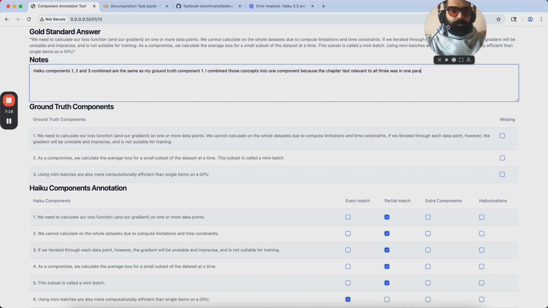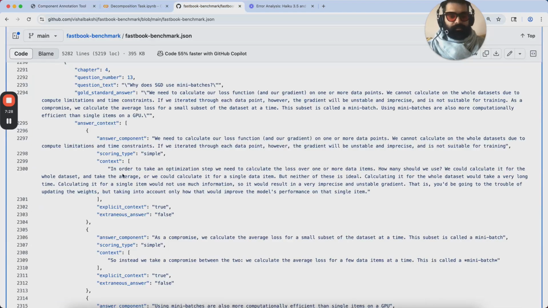Now that I'm thinking about it, you could argue that we need to calculate our loss function on one or more data points. We could just take that sentence, and then we cannot calculate the whole data set due to compute limitations. Calculating it for the whole data set would take a very long time.